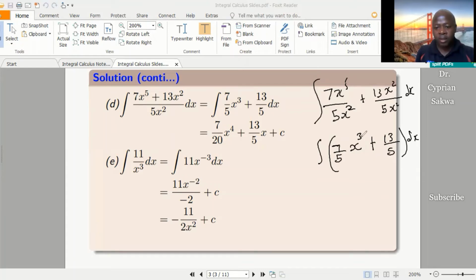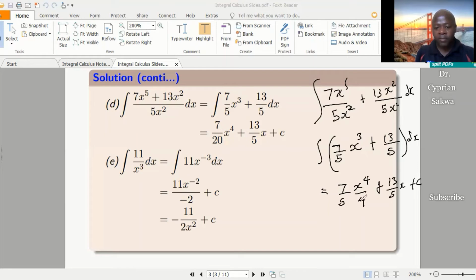Now to integrate this, you add 1 to the power. So this becomes 7 out of 5 x raised to 4, then divide by that 4. Then the other one is a constant, so it will be 13 out of 5 x, then plus c.